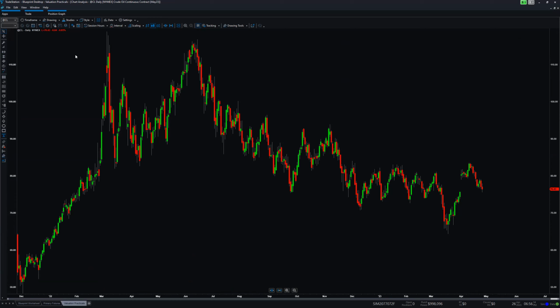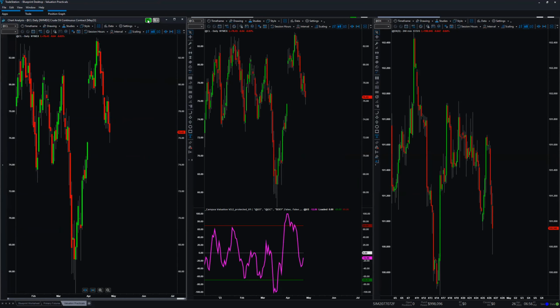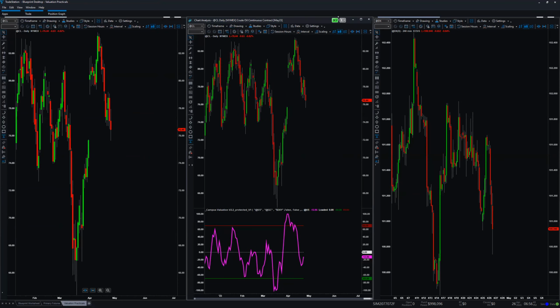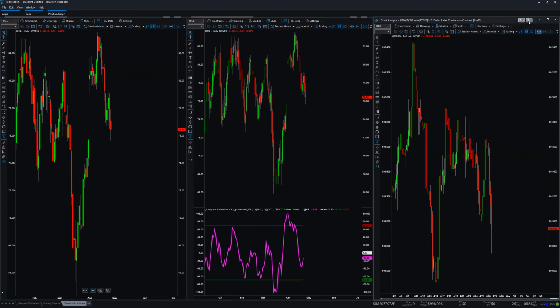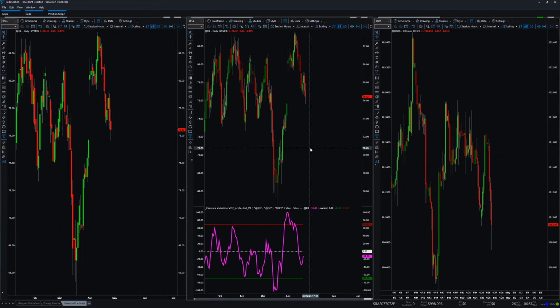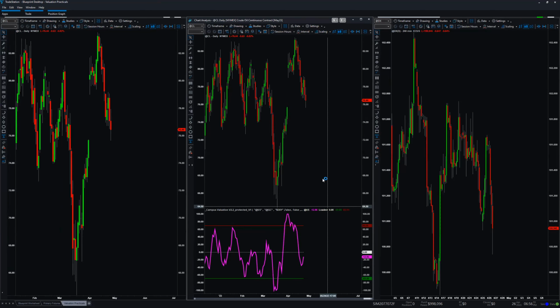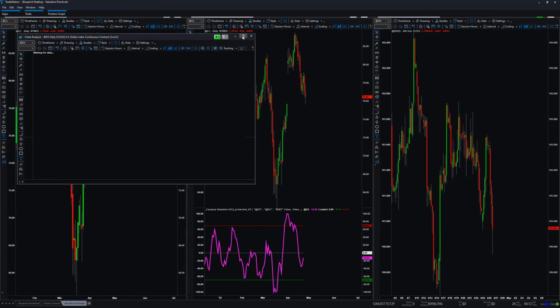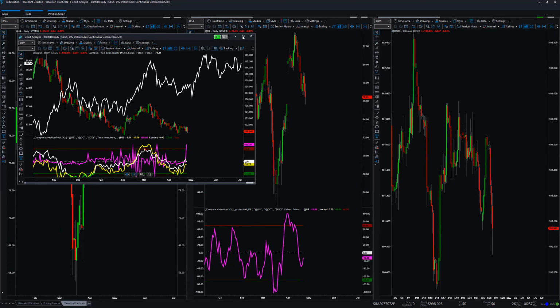Okay, hold on a second. I just don't want to mess up my worksheet here. So I'm just going to use this window. Perfect.